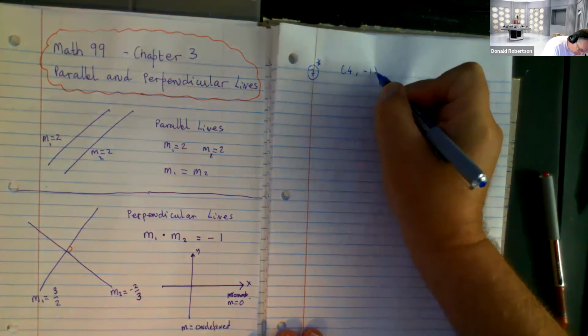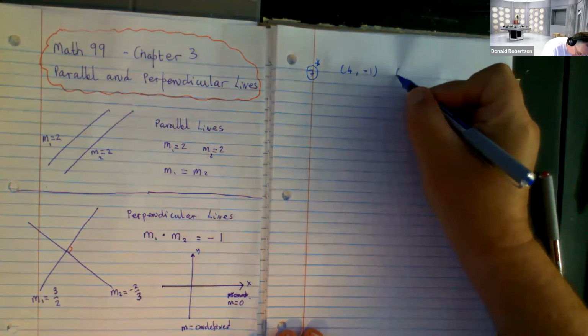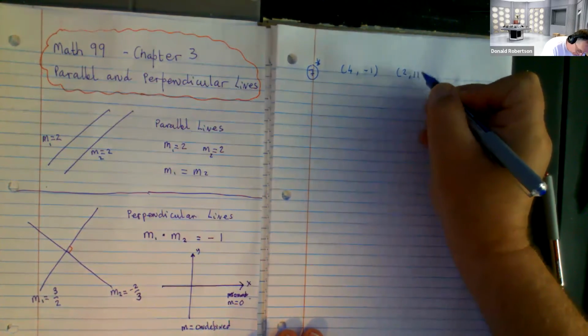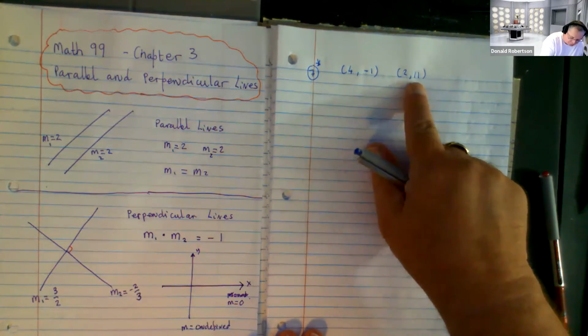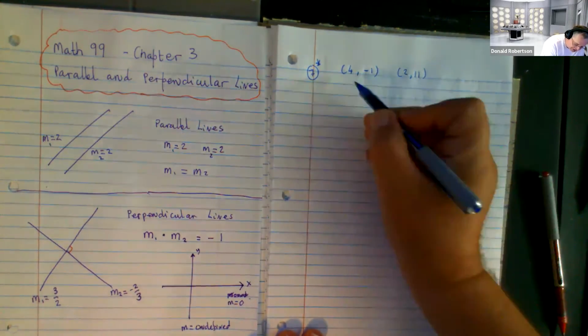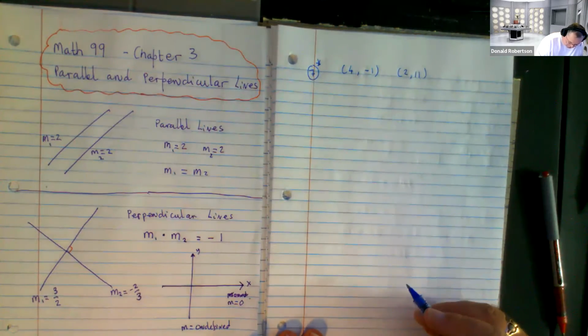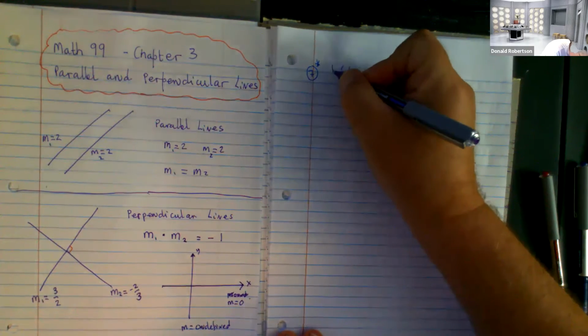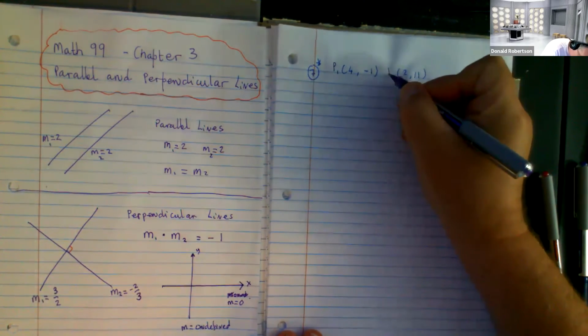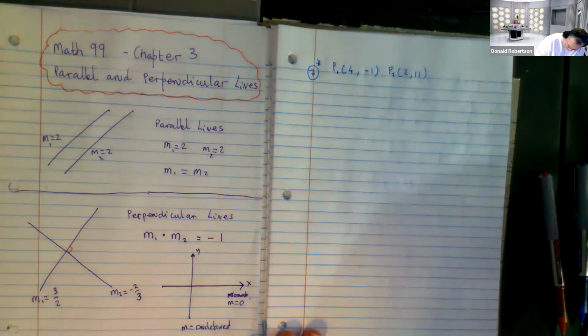Now the first point is called that, and the second point is called that. So I want you to imagine that we find the line that's joining these 2 points. And all I'm really interested in is the slope of the line joining these 2 points. Now, I find it helpful if we call this point P1 and we call this point P2.